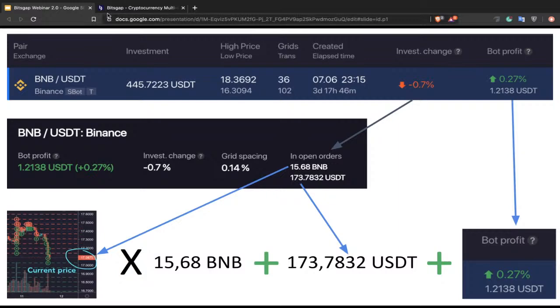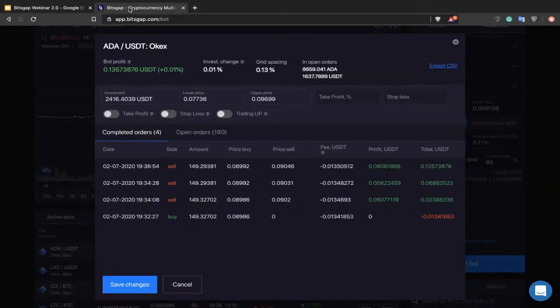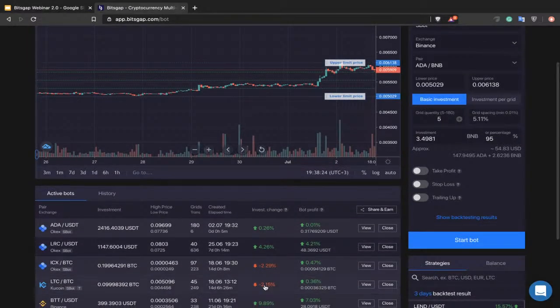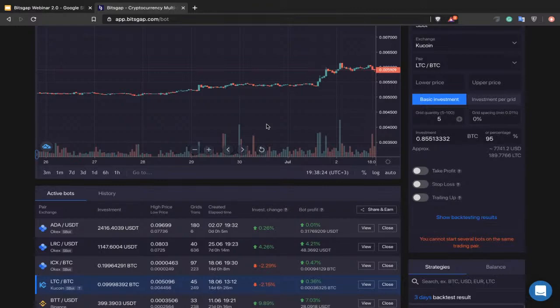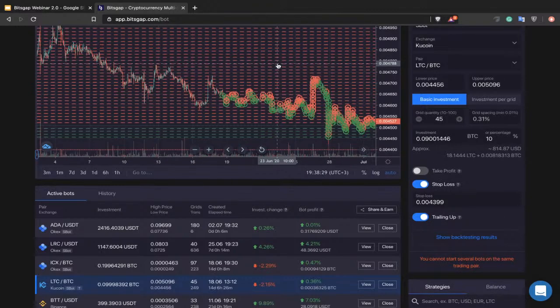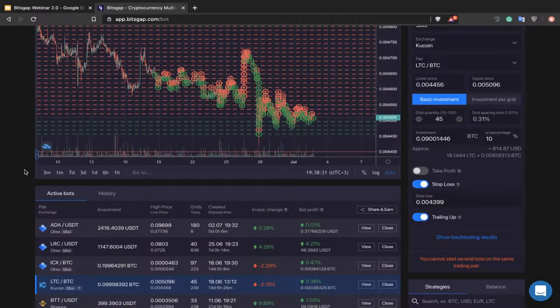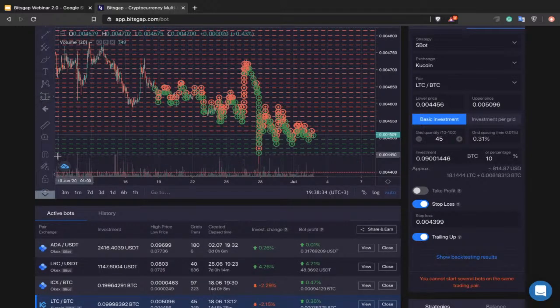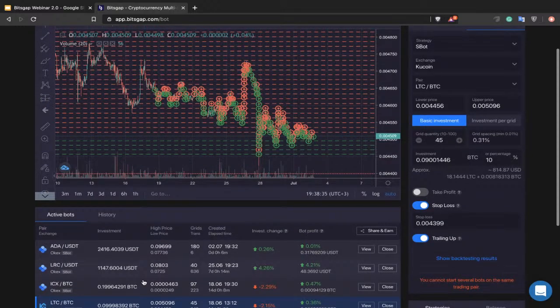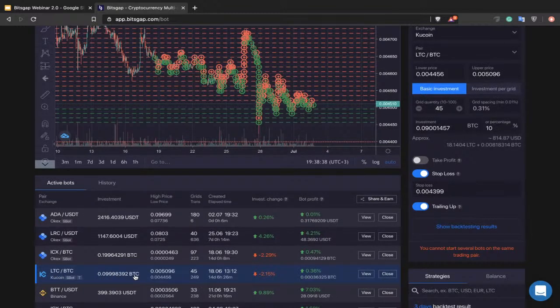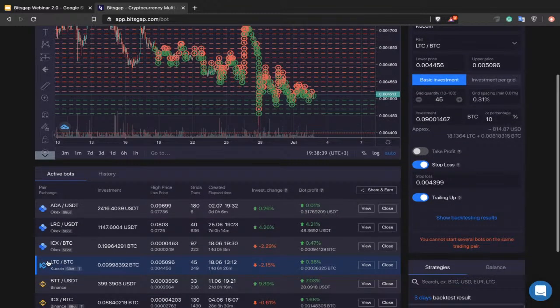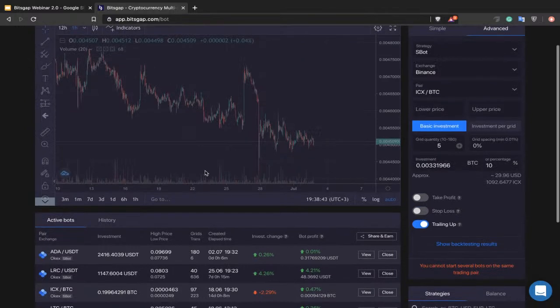But as I already demonstrated to you, without automation, in case you would simply hodl, your returns would be worse in case of a falling market. And here's the example. Once again, that's what I already demonstrated. Maybe I will use Icon trading to BTC.